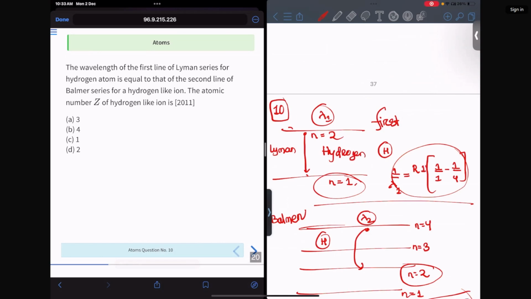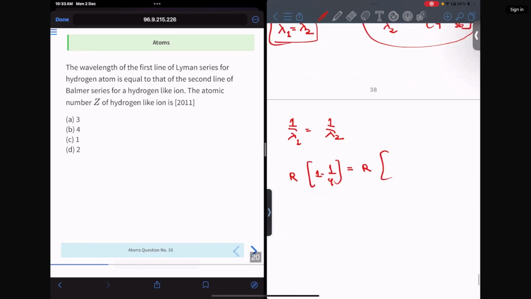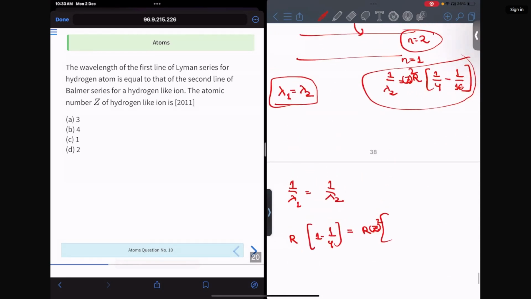So this should be 1 square. But for the Balmer series, this was a hydrogen-like atom, something that we don't know. What is the hydrogen-like atom? So RZ square.